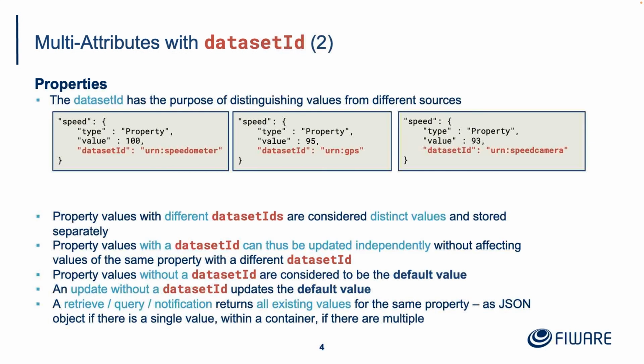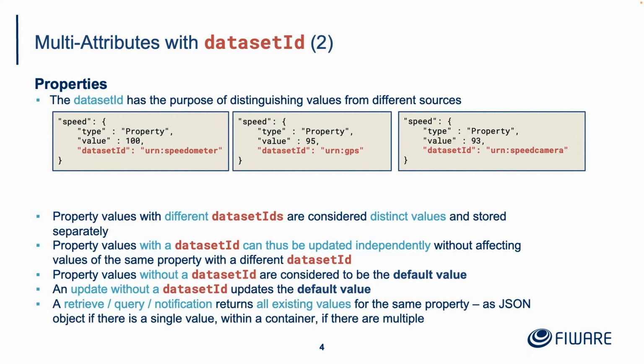It's a distinguishing marker for saying, in this case, the speed is coming from the speedometer, the speed is coming from the GPS system, the speed is detected by a camera. Now, what will happen is that these are different values, and although they are within the same attribute, they can be updated independently, they can be deleted independently, they can be changed independently.